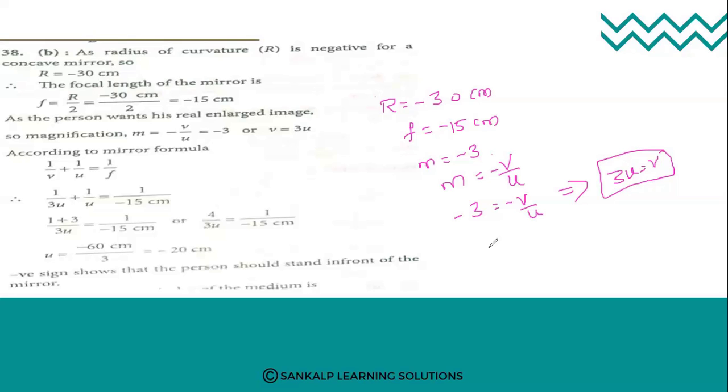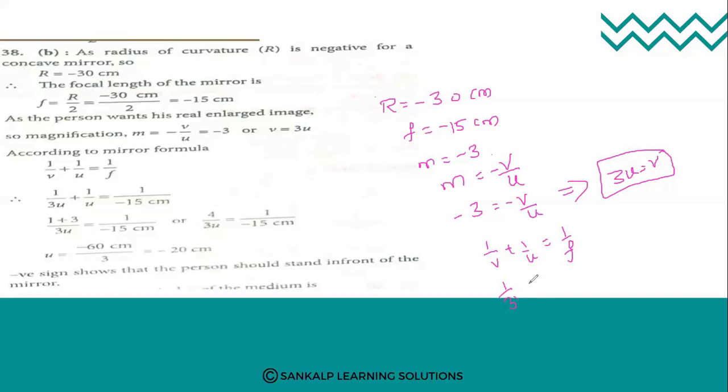Now we can use the mirror formula to calculate the object distance, right? So therefore, 1 by V plus 1 by U is equal to 1 divided by F. We can substitute all the values. F is equal to minus 15 centimeter, and V is equal to 3U, and you can substitute U as it is.